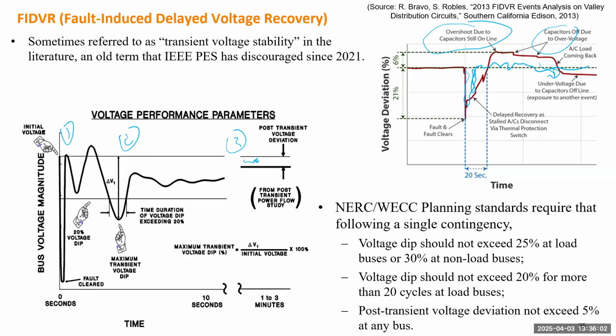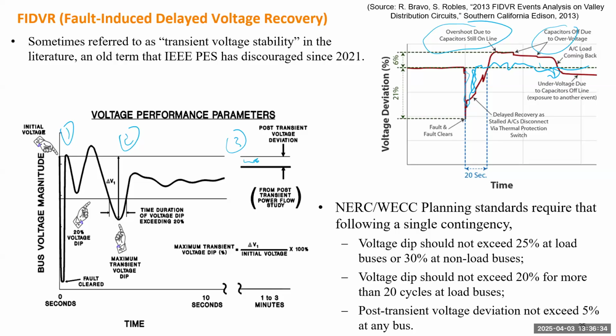For instance, the standard may require the voltage dip not exceed 25% at load buses and 30% at non-load buses, which means for those transmission substations, you never see the voltage at something like 0.7 per unit. That can be very bad, even just temporarily; it can cause a lot of issues.